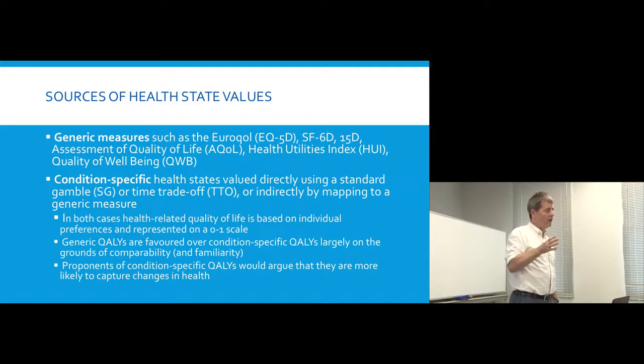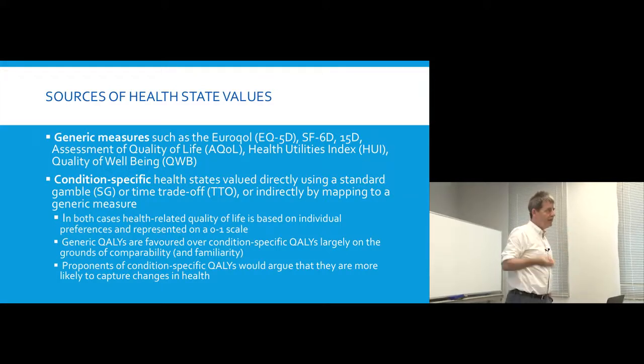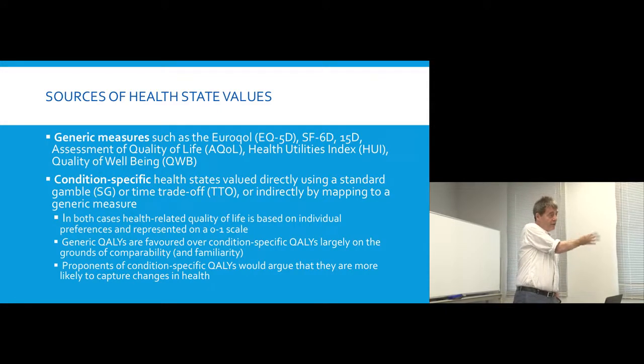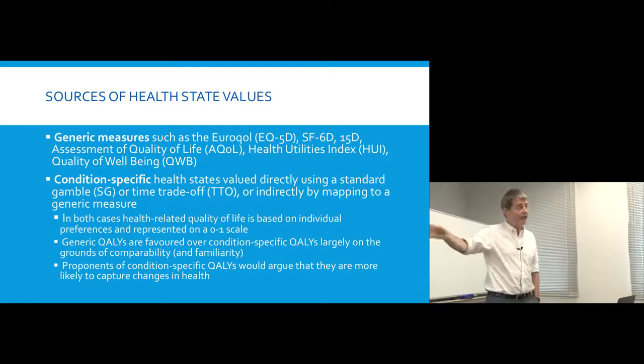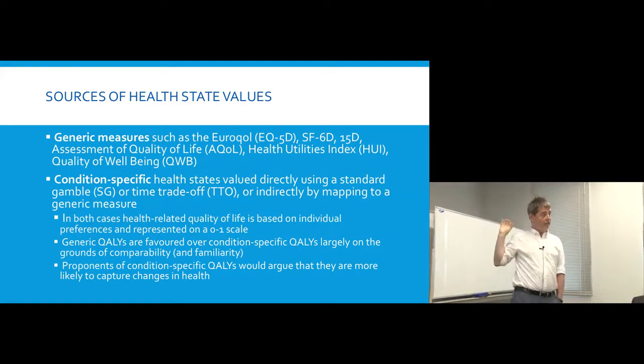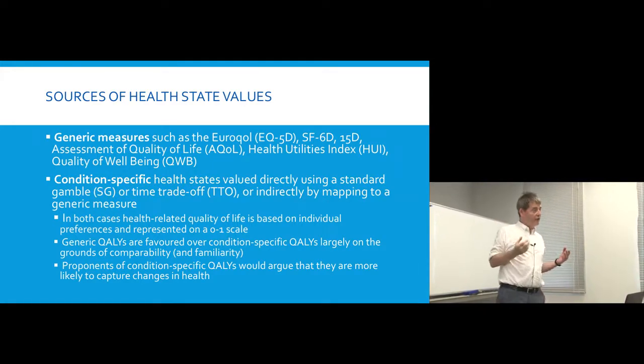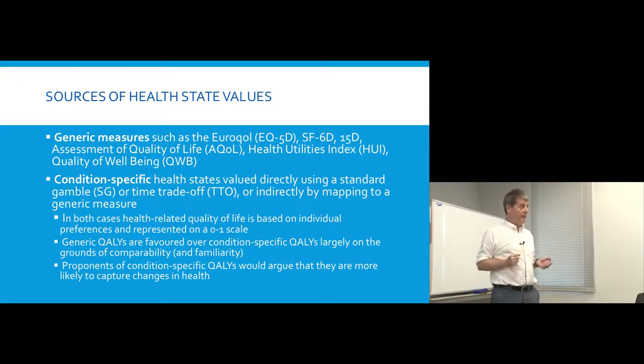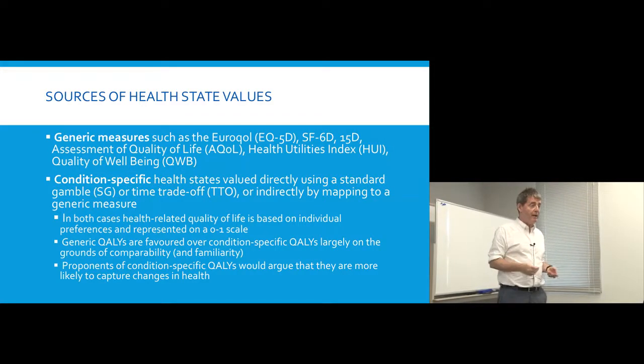A generic QALY, in principle, is the same thing that's being measured in the different healthcare areas. If instead you had a rheumatoid arthritis QALY and a prostate cancer QALY and a psoriasis QALY, it's not obvious whether they'd be the same thing. And so you'd lose the comparability.